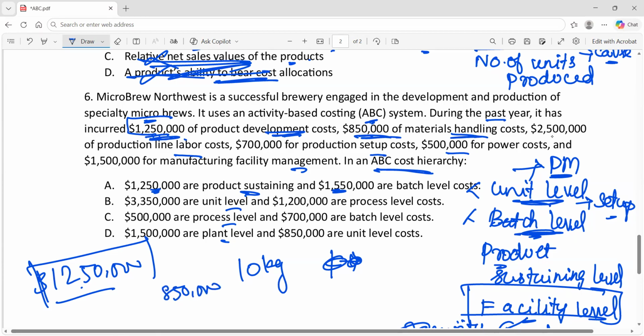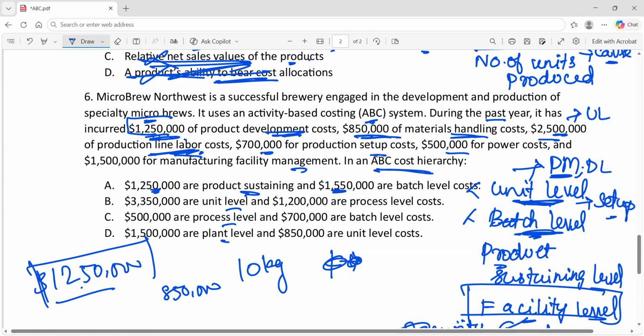Then 25 lakh of production line labor cost. So this is a unit level cost because it is a labor cost. Usually unit level cost is like your direct material and direct labor. For every 1 unit that you're producing, you have to pay money to your labor. So 25 lakh is a unit level cost.